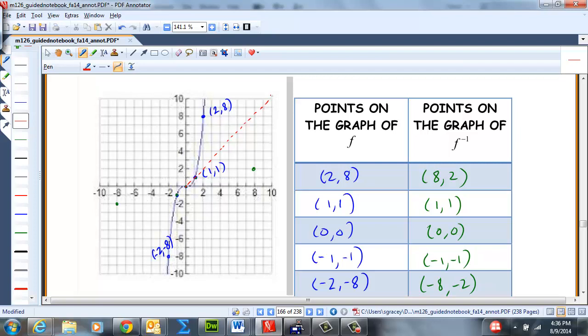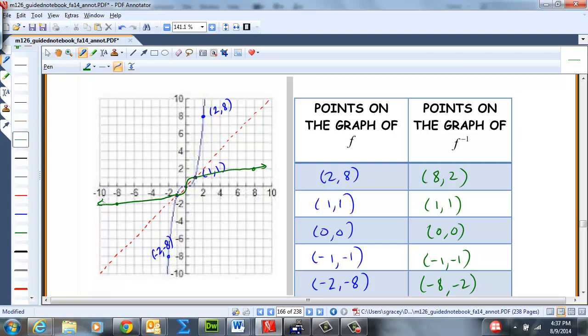And you can see the ordered pairs that we've gotten so far are following that. So, when we do our graph, we'll have something like that.